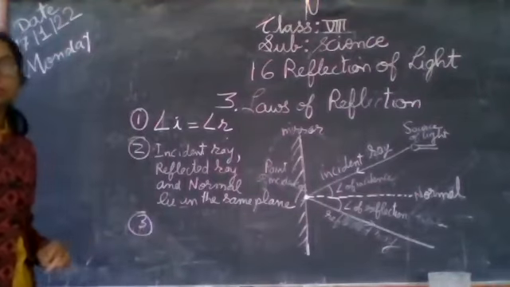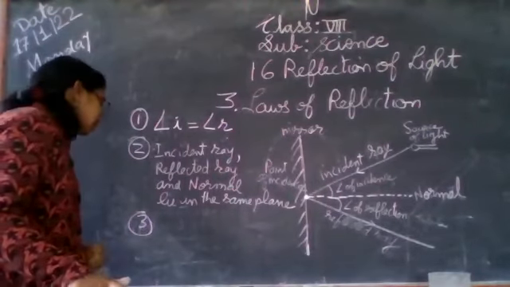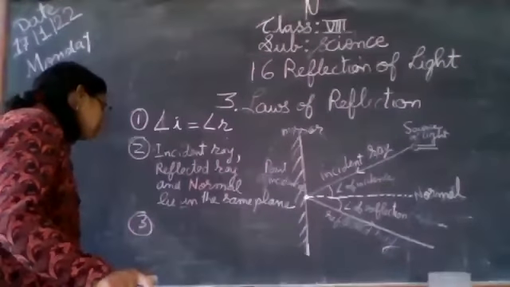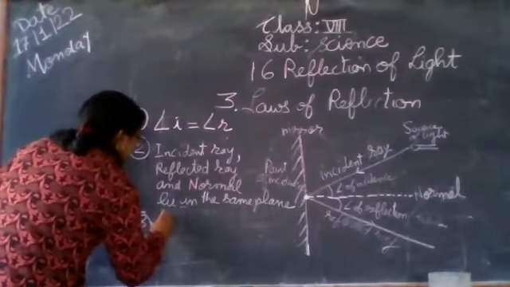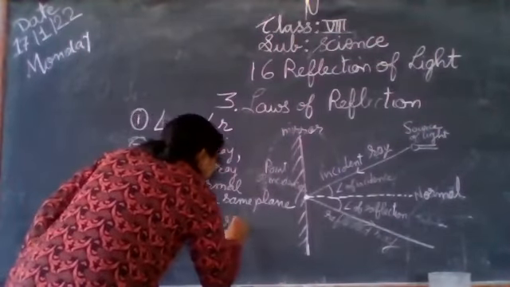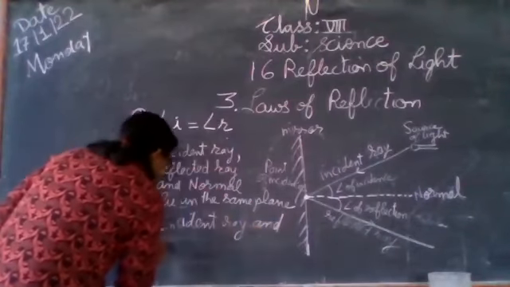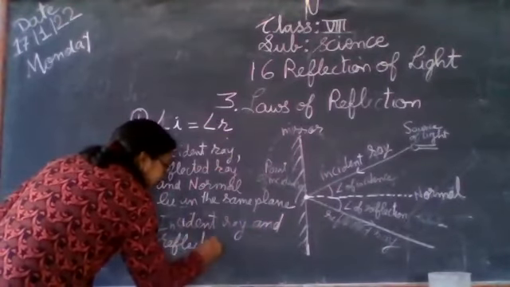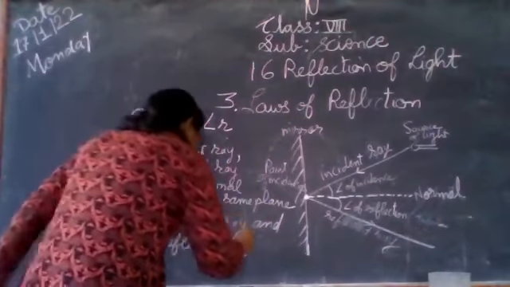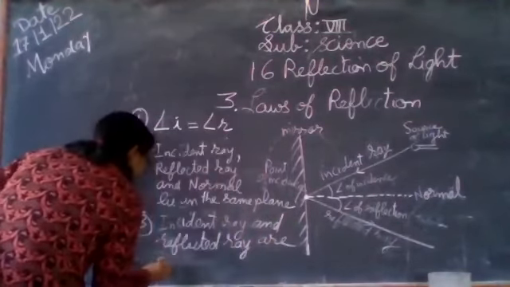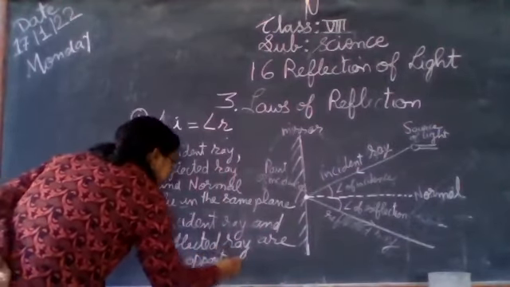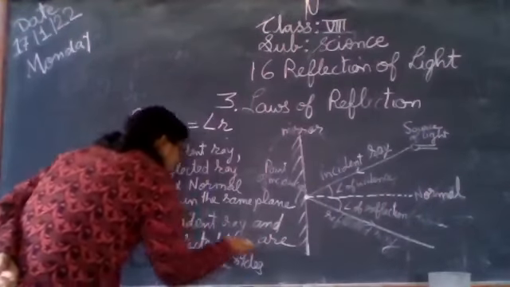And then we come to the third law of reflection, that is, the incident ray and the reflected ray are on opposite sides of the normal.